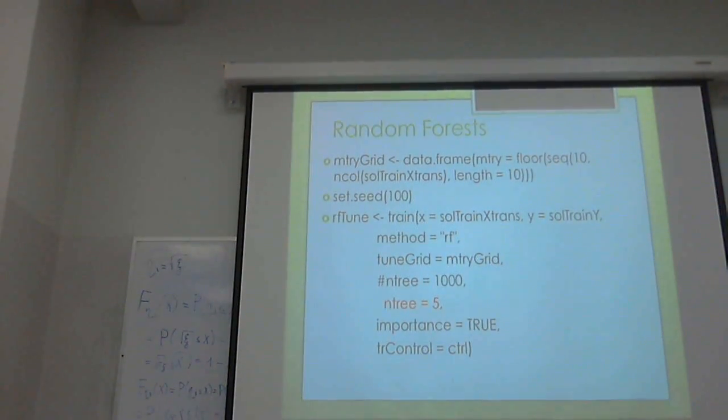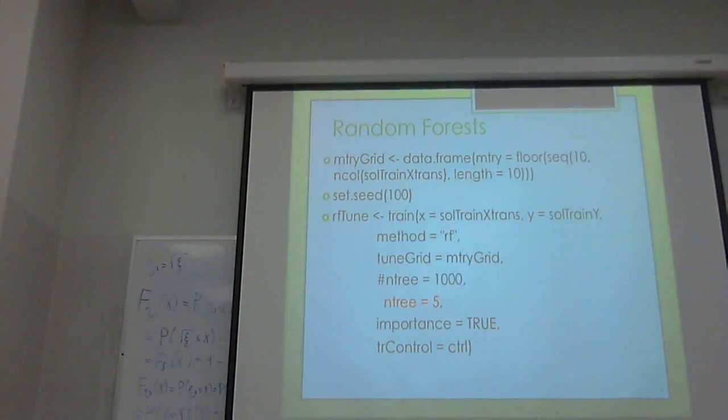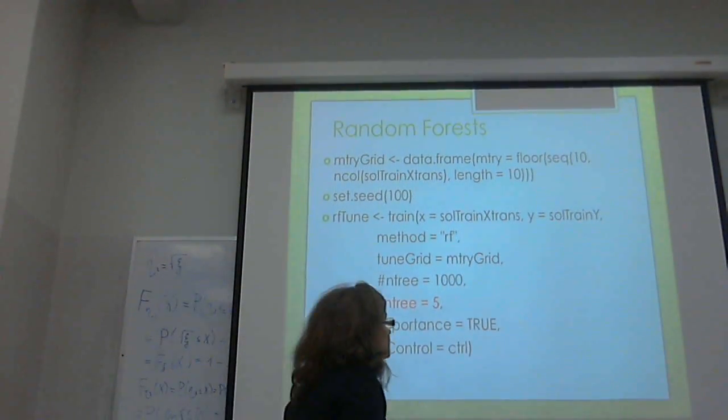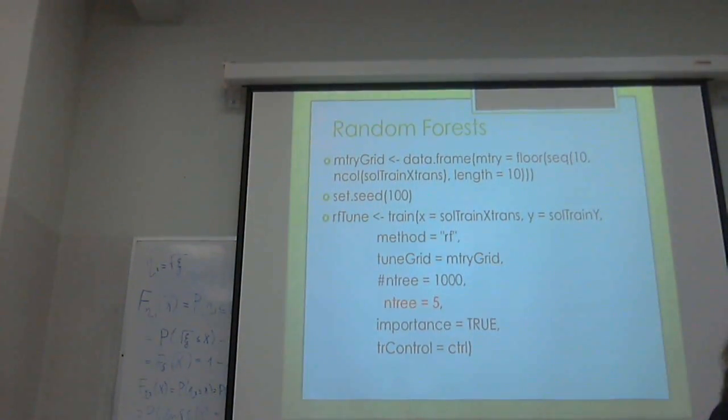Number of columns, every 10, and then 4 to make it, and so we get 7 options. Exactly. Yeah, so it's a sequence. We take a sequence starting from the number of 10. This is the number of random predictors.